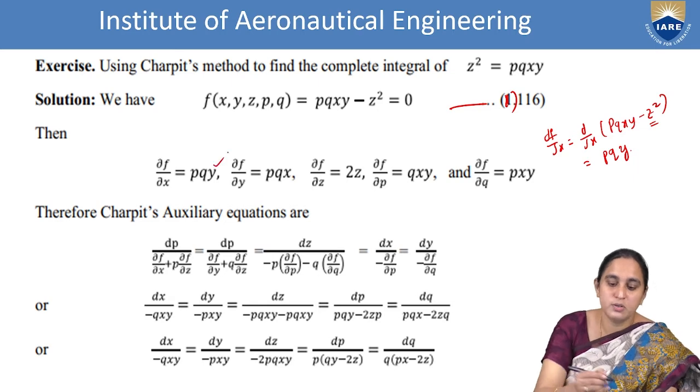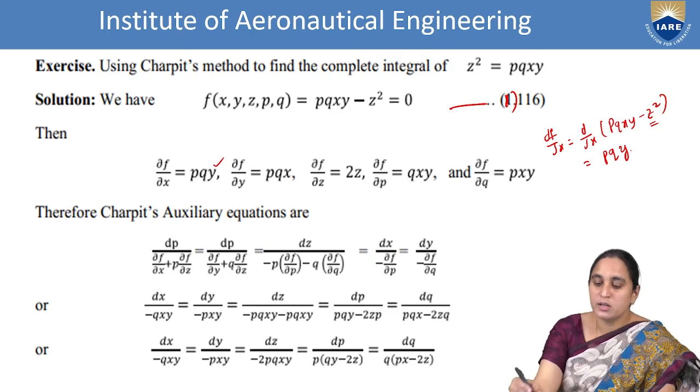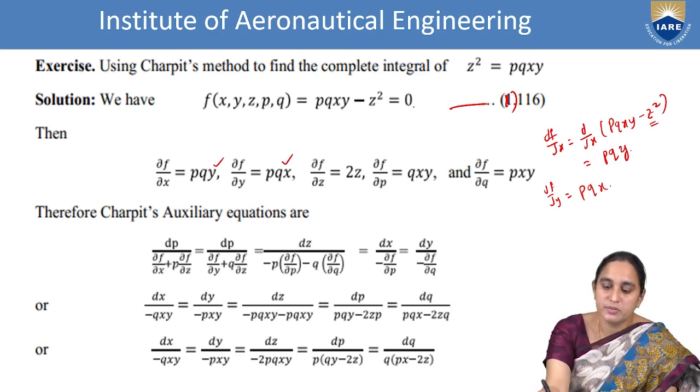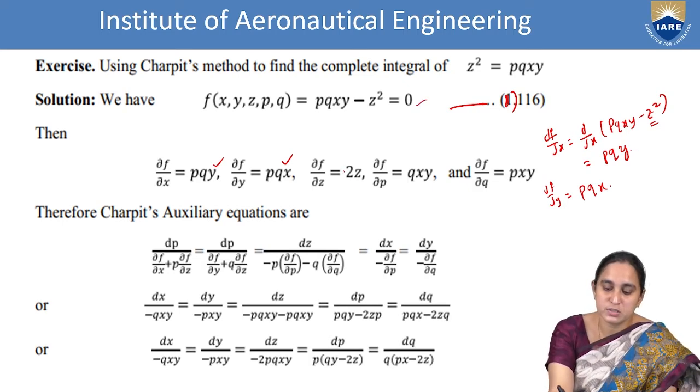Therefore, dou f by dou x is equal to pqy. Next, differentiation with respect to y, dou f by dou y, is pqx. And next, with respect to z, the differentiation is minus 2z.